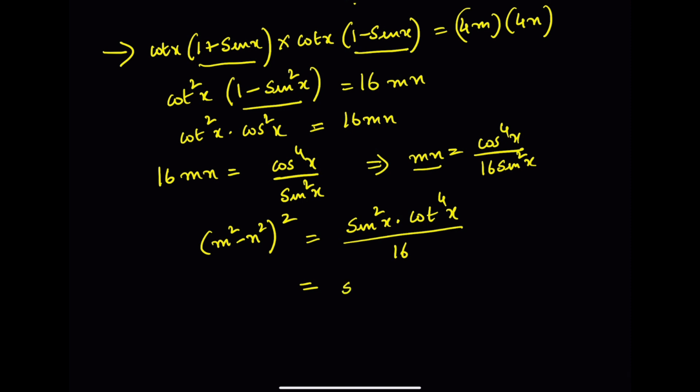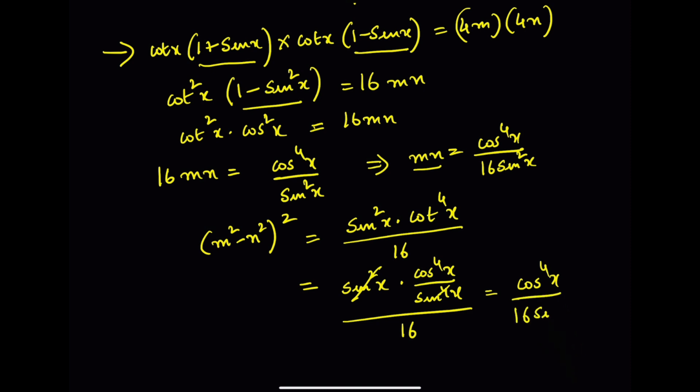So this will be sin square x times cos to the power of 4 x by sin to the power of 4 x divided by 16. We can cancel out the squares. So we would have cos to the power of 4 x by 16 times sin square x.